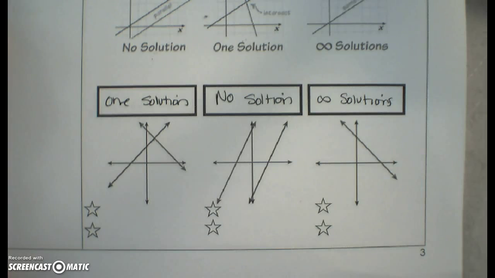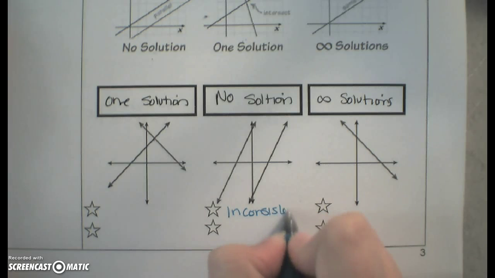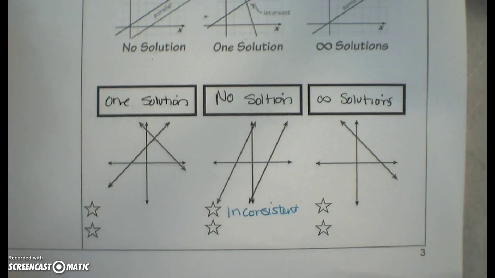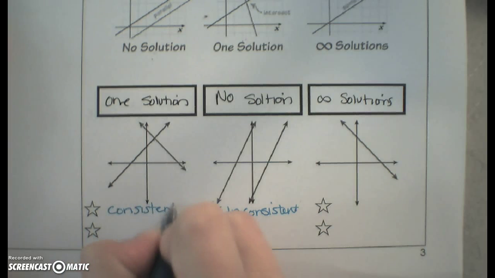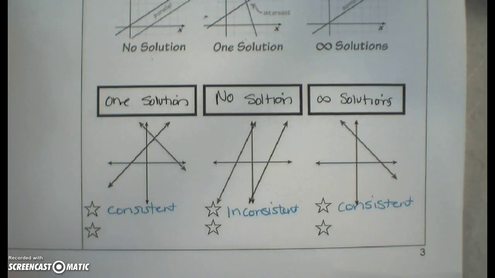And then let's practice writing, well, which one is inconsistent? The one that's parallel. And so the ones that actually have solutions, those are consistent. And then which one's independent and dependent?